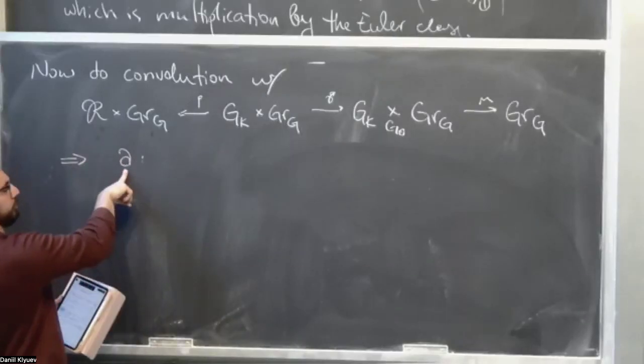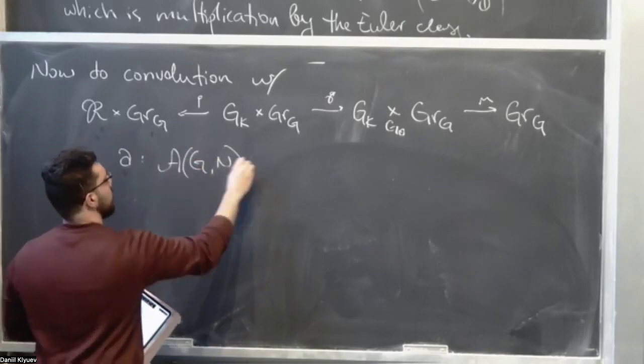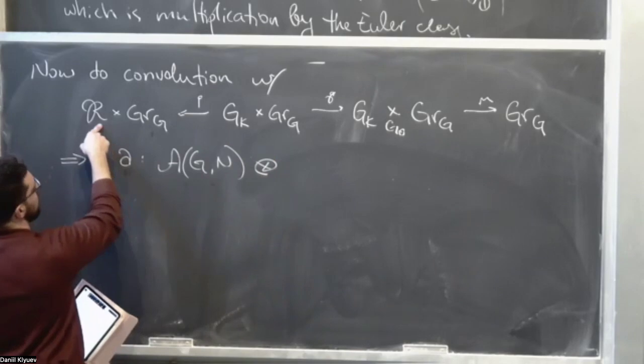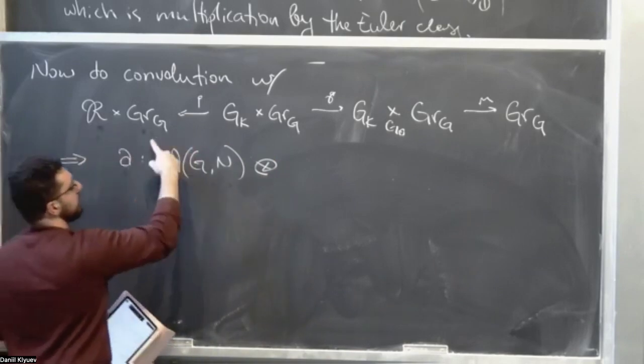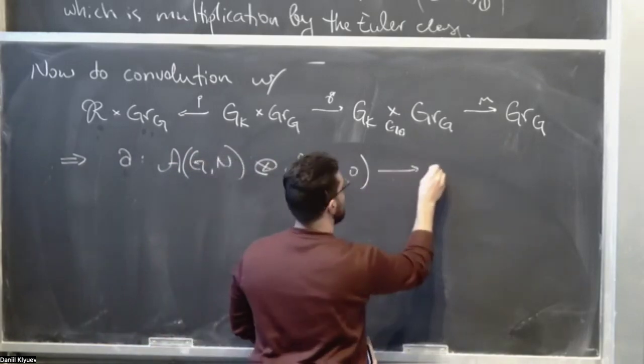I'm going to call it funny A. So AGN corresponds to this R, and then there's an R0, so this will give you an AG0. And you end up in AG0.